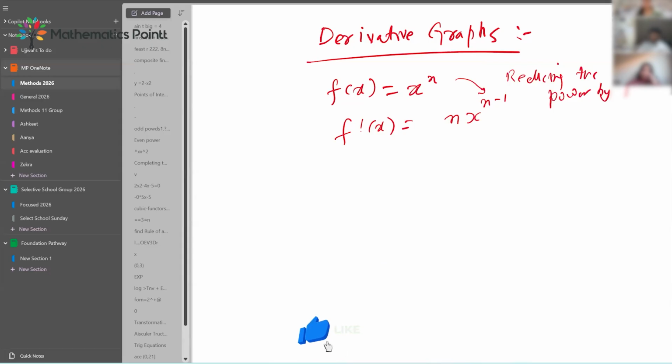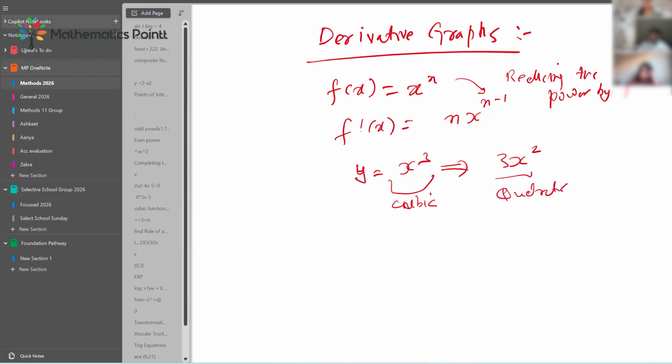So if you have y equals x cube, derivative makes it 3x squared. So a cubic becomes a quadratic, right? That's what's happening. So you just need to take care of that, and you need to understand that.